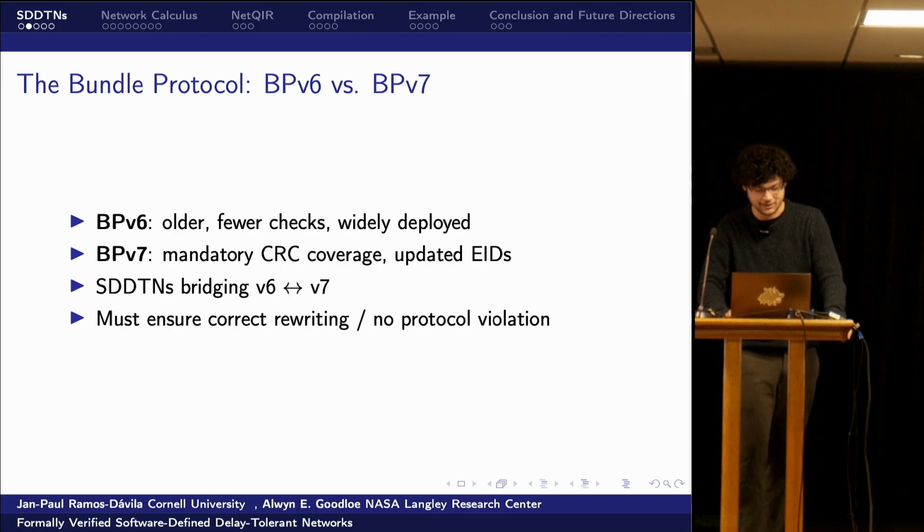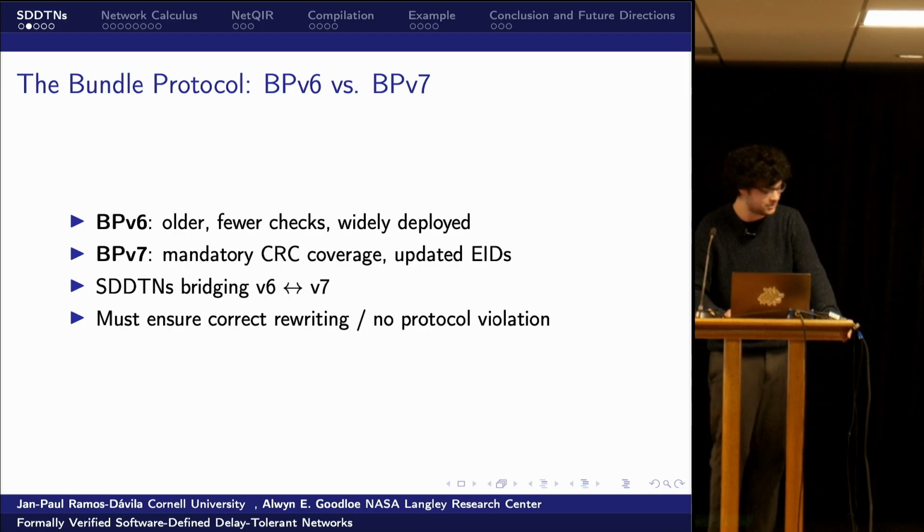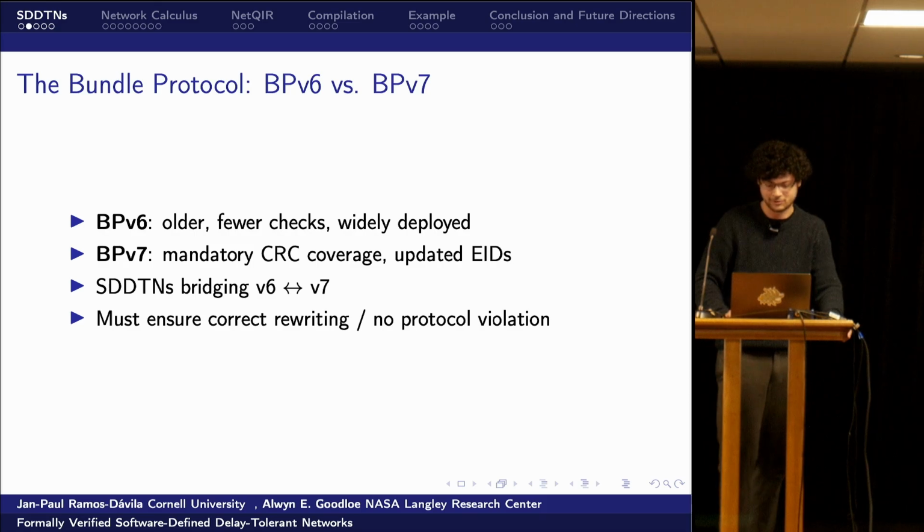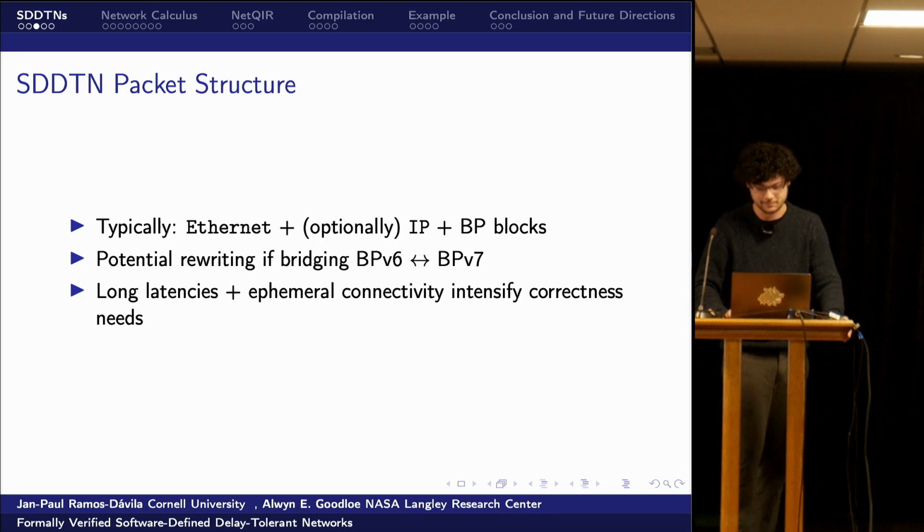So the main thing we want to make sure of is that the information within these bundle protocols is not incorrect and nothing gets corrupted throughout. So here we have what the information looks like.